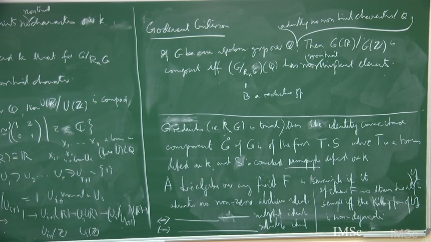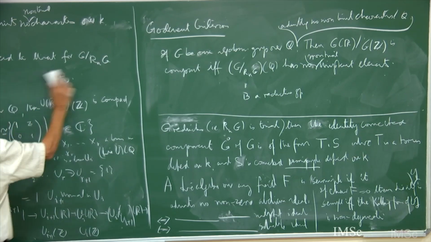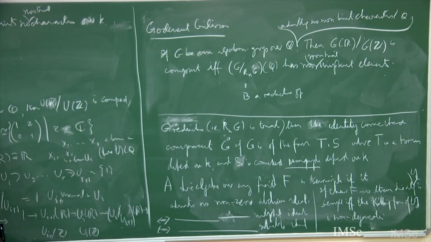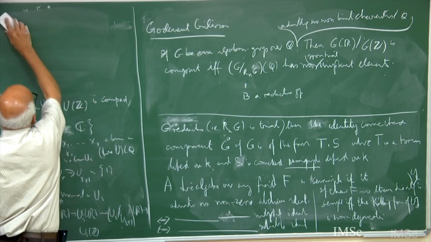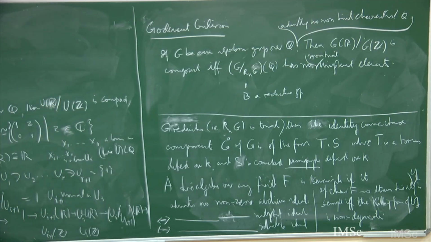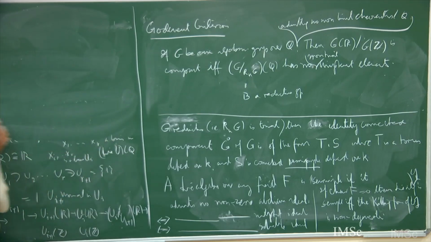Killing was a German mathematician, so it's named after him and has nothing to do with killing.